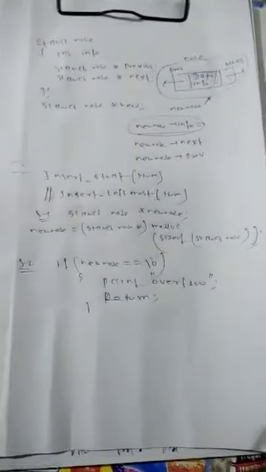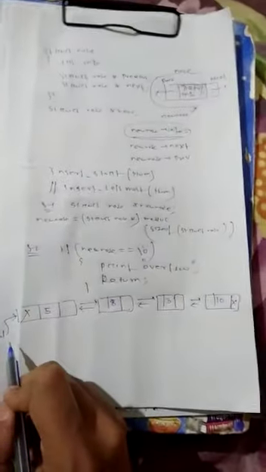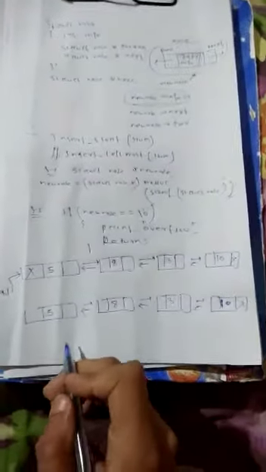Next, suppose this is the doubly linked list having 4 nodes. Head will store the address of the first node. Then after insertion of a node at first, what changes will be done? Suppose I am inserting a node 3.